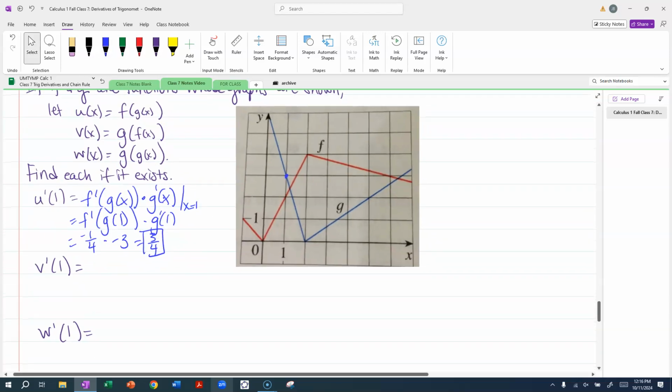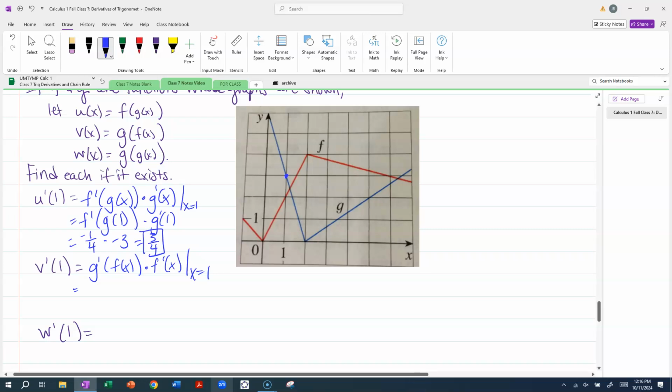Okay. Let's do one more together. V would be g prime of f of x, right? So derivative of the outside, leaving the inside alone, times the derivative of the inside, evaluated at x equal to 1. So let's see, f of 1.